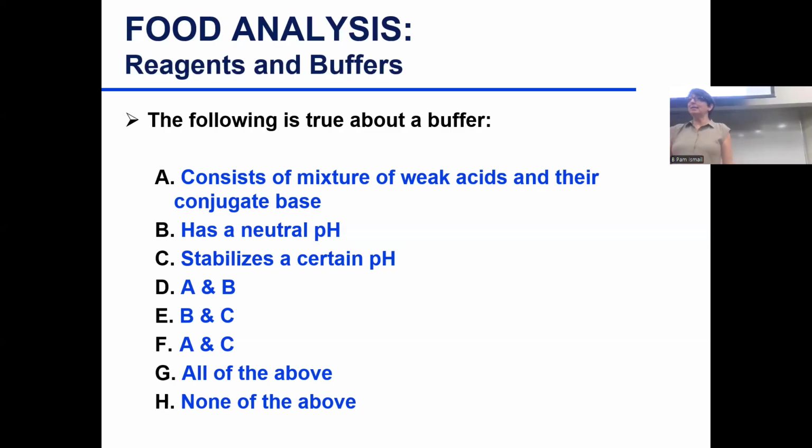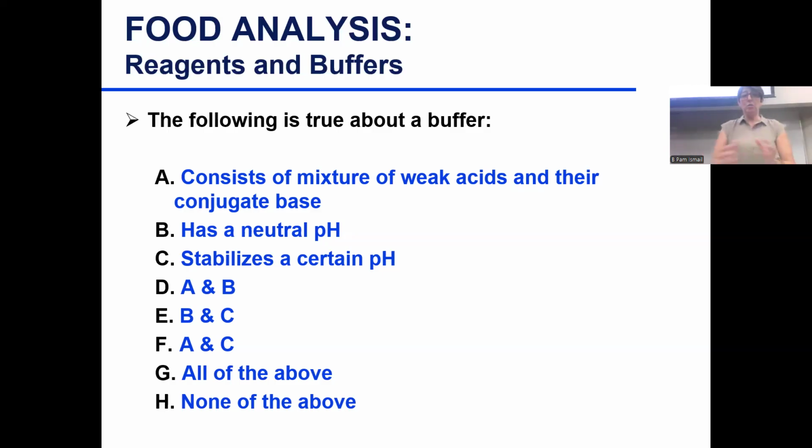But organic acids like ascorbic acid, lactic acid, citric acid are weak acids. They don't want to give you their H very readily. And their conjugate base is what you have when they give out the H, carrying a negative charge. So the conjugate base is really the salt of the acid.